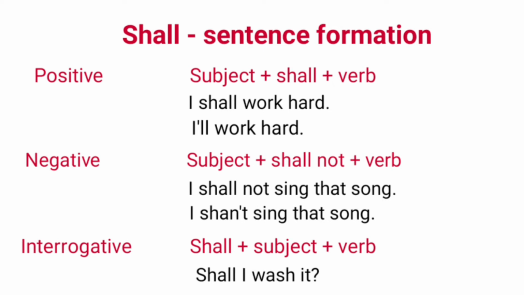Negative sentence formation: subject plus shall not plus verb. Example: I shall not sing that song. Contracted form of shall not is shan't. Interrogative sentence formation: shall plus subject plus verb. Example: shall I wash it?